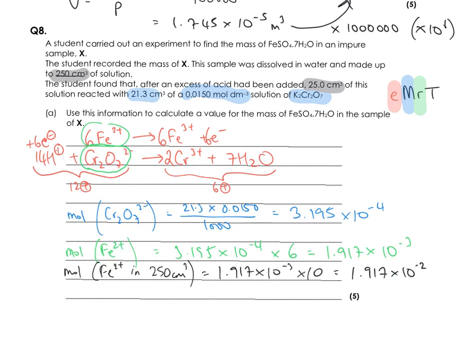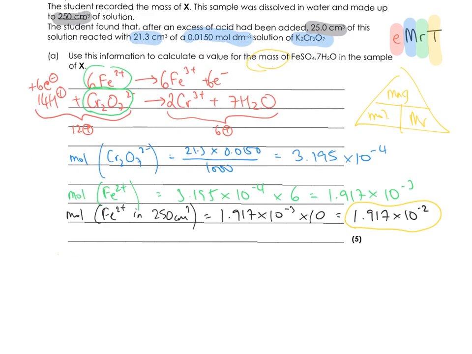This is the point where you need to go back and just read what the question's actually asking you. The question says, use this information to calculate a value for the mass of iron sulfate with water in the sample of X. So our final step of EMRT is T, which stands for triangle. We need to use the appropriate triangle, and the appropriate triangle here to work out mass would be mass equals moles times the Mr, because we've got the number of moles and we can work out the Mr of this.